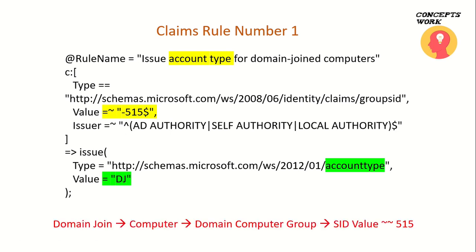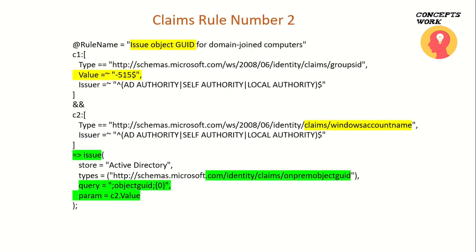So in a nutshell, if a machine is domain joined, a computer object will exist in the Domain Computers group, which has a SID value that ends with 515. And in this case, the account type is DJ, which means domain join. The second rule that gets created has the purpose of issuing the object GUID of domain joined computers.